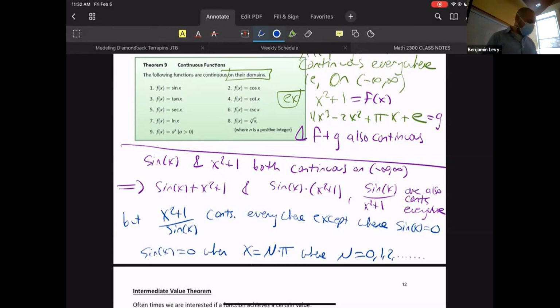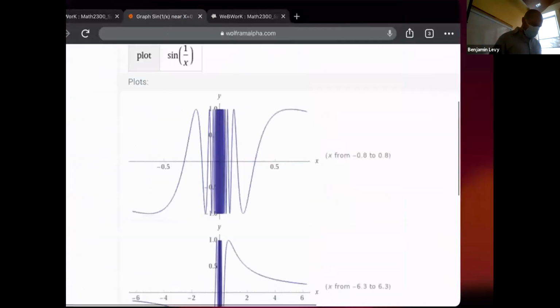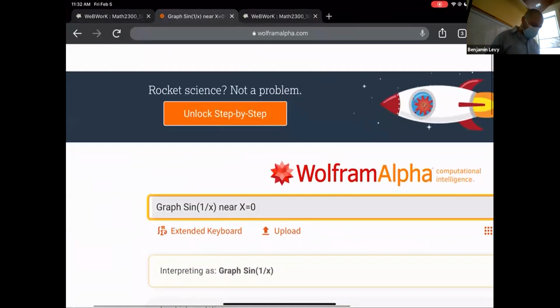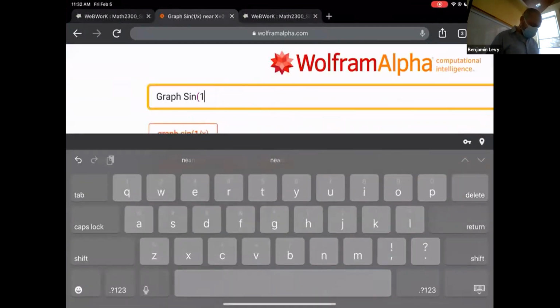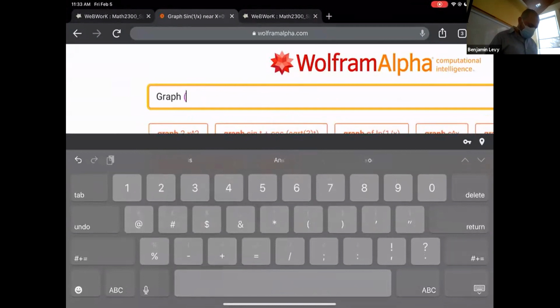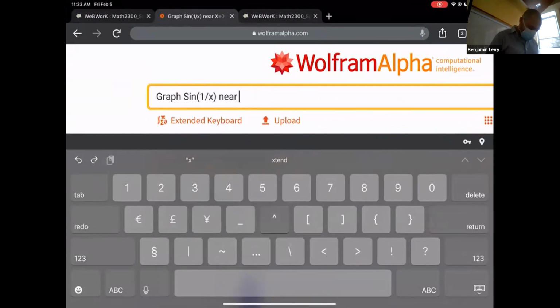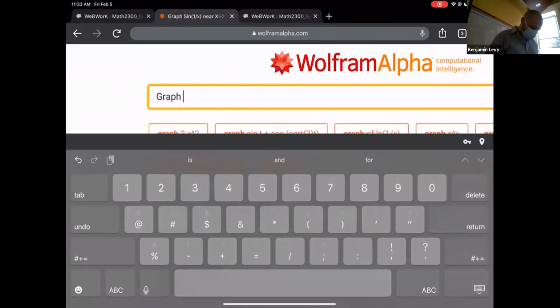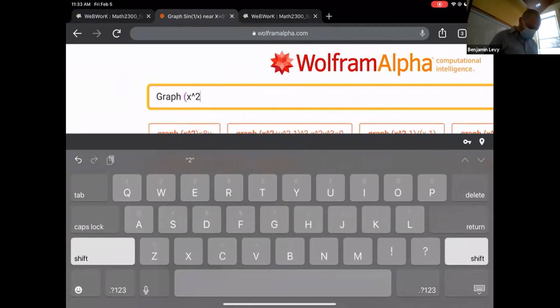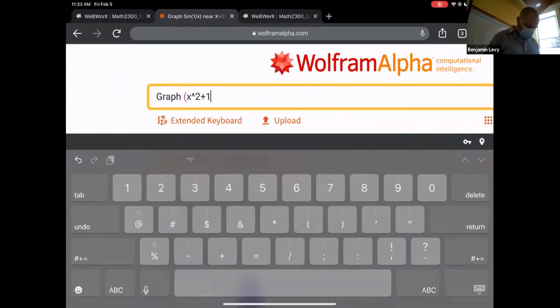Should we graph this real quick? I'm kind of scared to look at what it looks like. Let's just graph it. I'm curious more than anything. Let's see. Oh, no. Gosh, I hate typing on iPads.